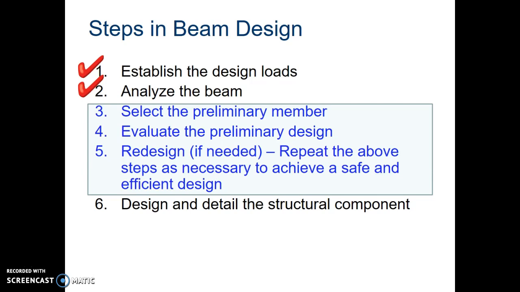Now, we've done the first two steps in the design of a building. We've established design loads, we've analyzed beams, and now we're going to start to go through selection of a primary member.